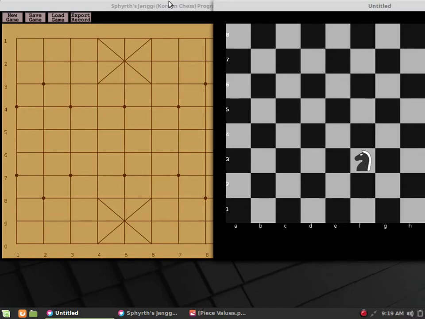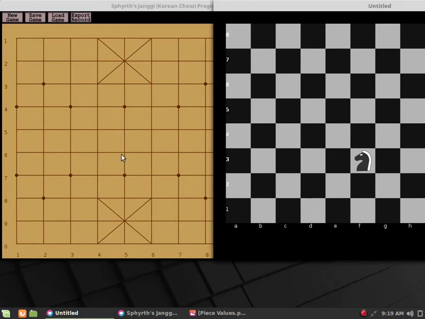While in Janggi notation, it's the rank first that we will be looking at. So if this horse was at this point, we will be looking at this side of the numbers first. So it's 7, 5, 7, 5. If it was a chessboard, it would be A, B, C, D, E, 3 or 4 or something.